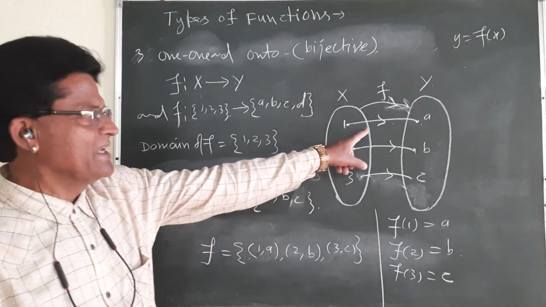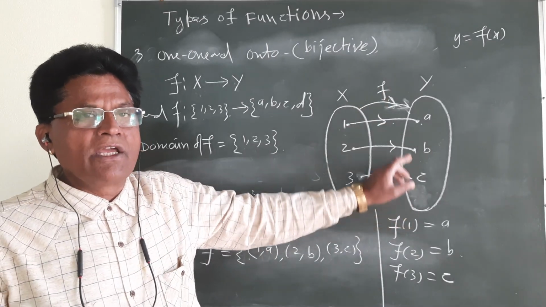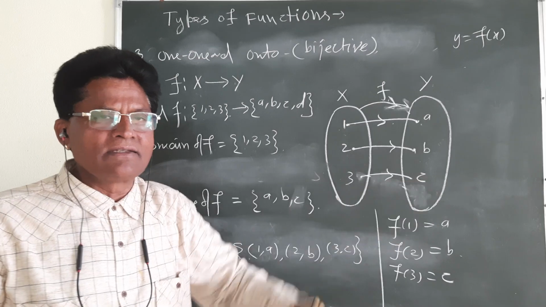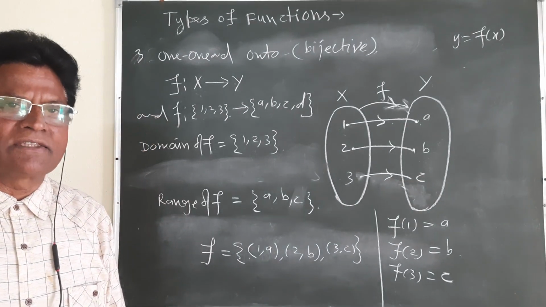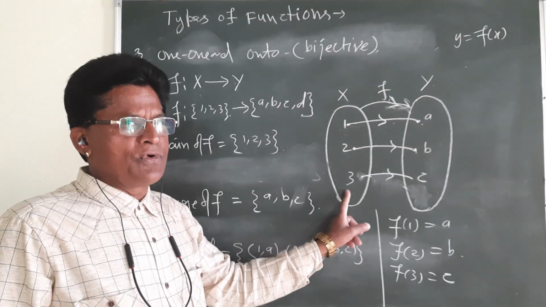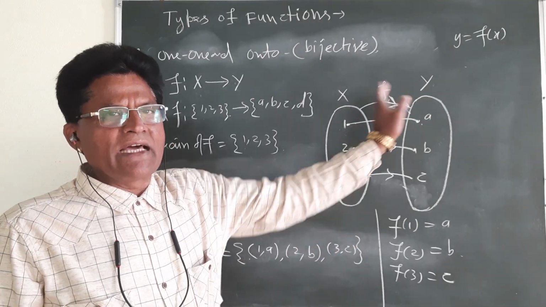You see, a similar kind of example you can take. If it is given in the examination, the question, you prove that this function is 1, 1 and onto, means bijective function. Because distinct elements of x have images with distinct elements of y.